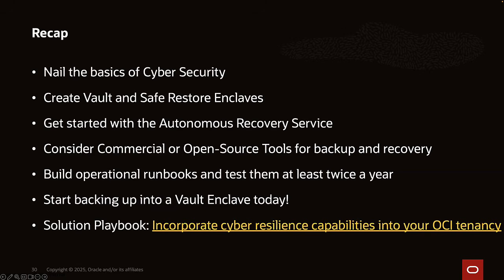The reason is that with traditional object storage auto backup, what you're doing is scheduling full backups and incremental backups. With the autonomous recovery service, what you're doing is enabling one full backup, and then you're implementing change block tracking. So you're only writing the deltas.